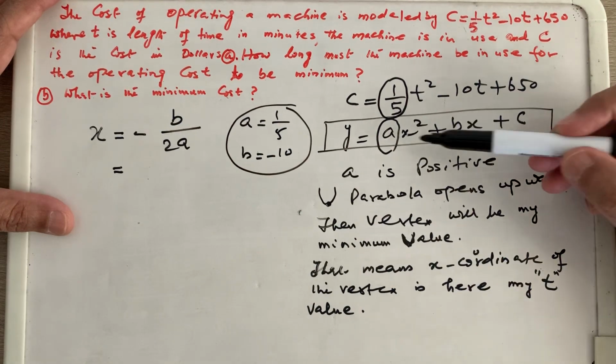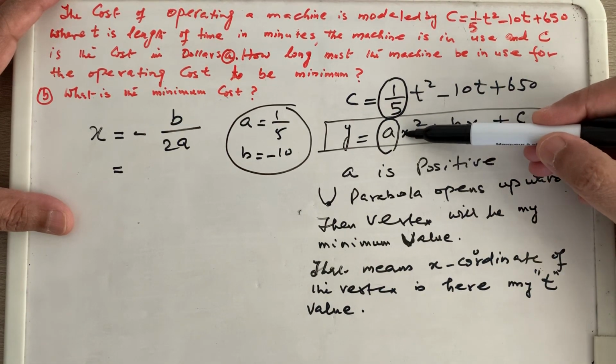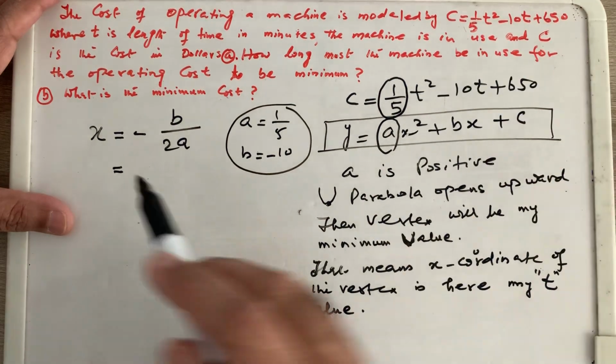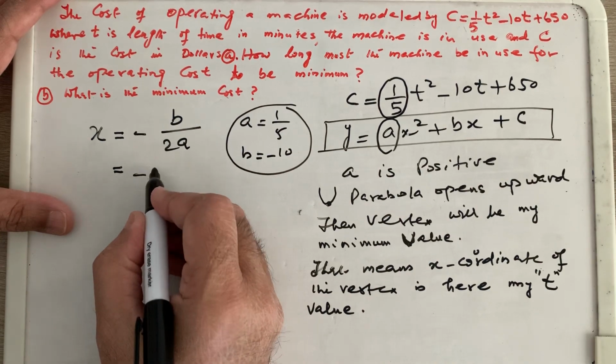In the standard form of quadratic, I have x, but here I have t. So if I find x, it's actually t. And x is minus b over 2a. So I know the values, so I will plug them in.